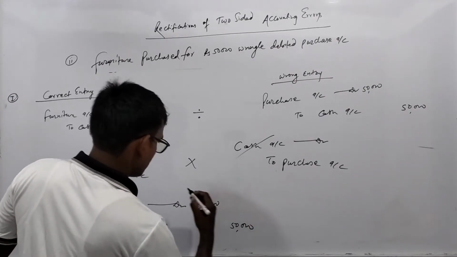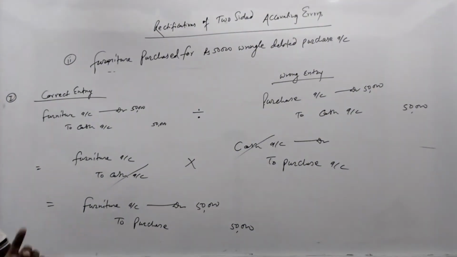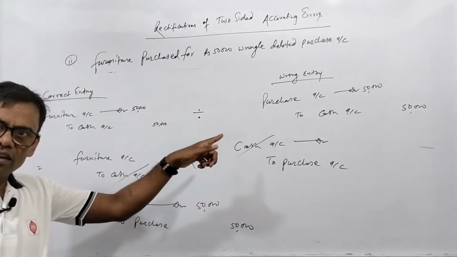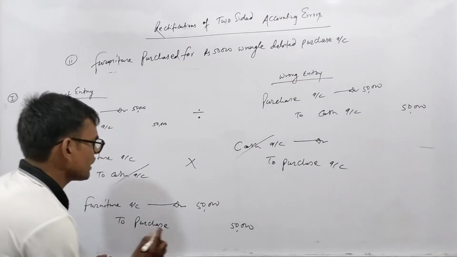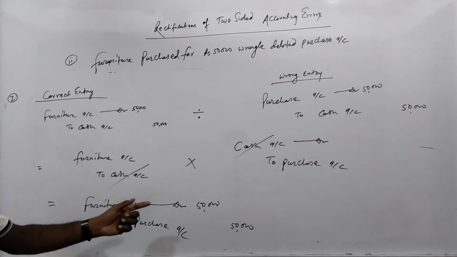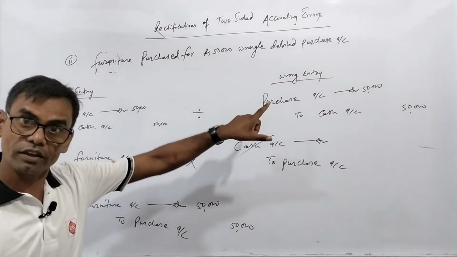In this way, you will prepare rectified journal entries. Just before, I had done furniture account DR to purchase account, and you have to also prepare it by doing this working note.